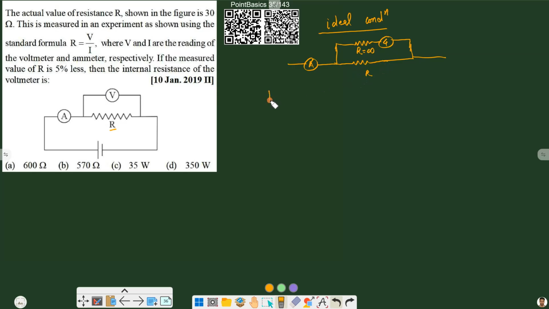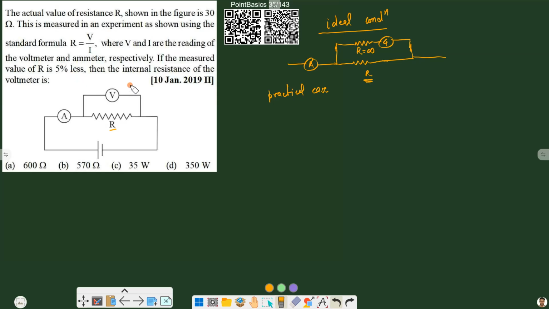Now in the practical case, this resistance is large but not infinite, and due to its certain value, there can be changes in the value we measure across this resistance R. So we assume, as given in the question, that due to the internal resistance of this voltmeter, there is a change in the measured value.